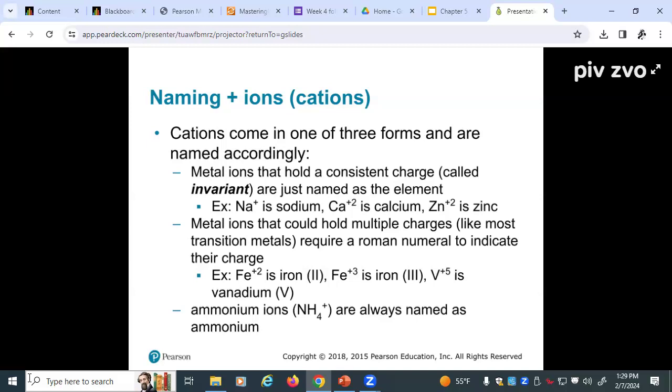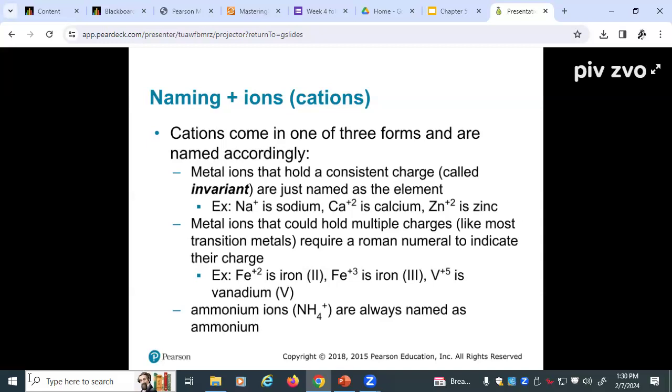The second group, there are metal ions that can have multiple possible charges. We find those in the transition metals. So it's a transition metal not in that triangle. It has multiple charges possible. How do I tell the difference between those charges? I use a Roman numeral. The Roman numeral tells me what charge it is.